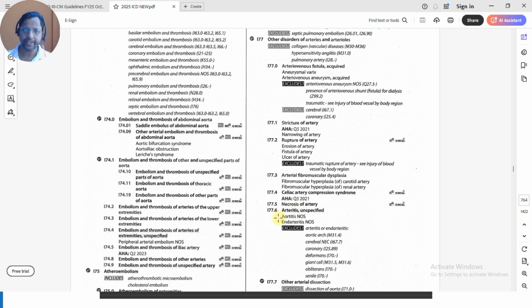If we check this one, I77.6 is arteritis, unspecified. This is the meaning of NOS: not otherwise specified means there is no specificity in the documentation. Here you need to remember that angiitis and arteritis are both the same.